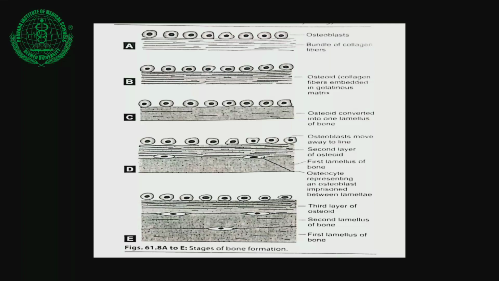In the E stage, the second lamella of the bone is formed, with the third layer of osteoid formation. So, these are the stages of bone formation.